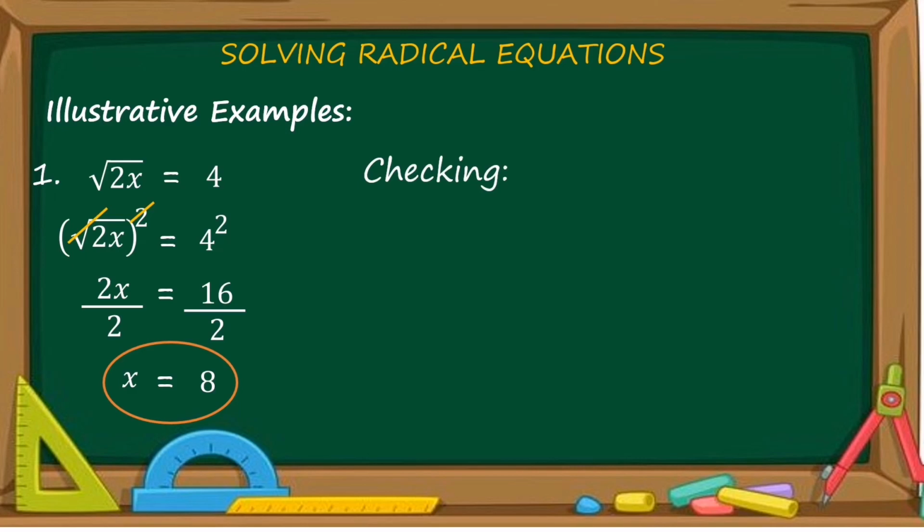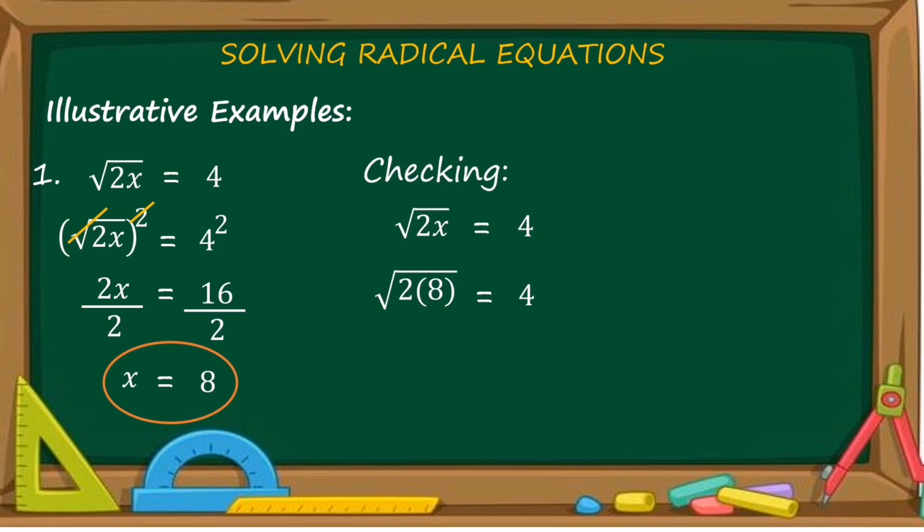Next, we need to check if the solution will satisfy our equation. So that is the square root of 2x is equal to 4. Then substitute the value of x, which is 8. So that is the square root of 2 times 8 is equal to 4.